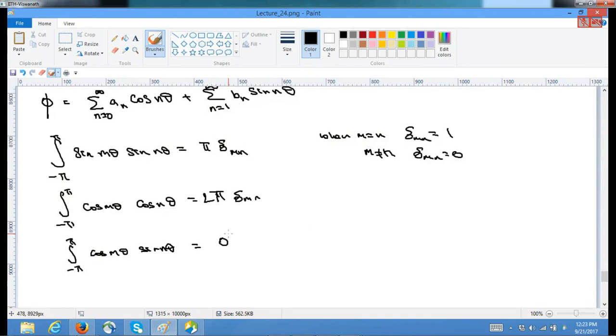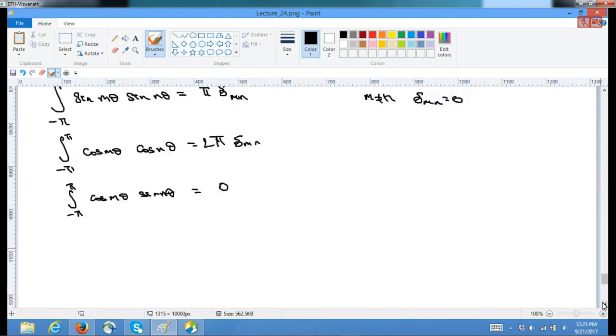Okay, so because of this orthogonality, what we can do is integrate this function phi with respect to d theta from minus pi to plus pi, and we end up getting 2 pi a naught.